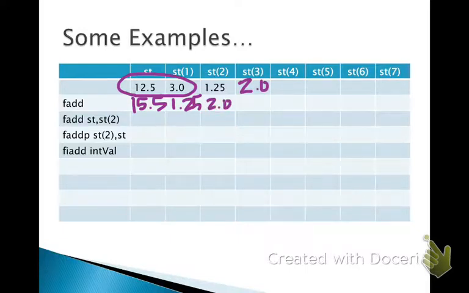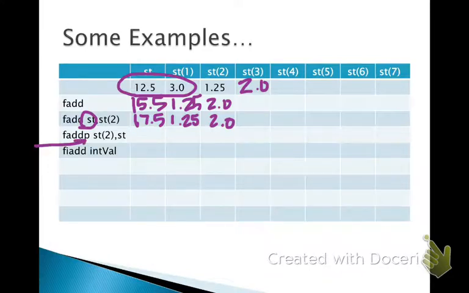In this case, we're not going to pop anything off. We're simply adding stack top and st2, so 15.5 plus 2 is 17.5. Stack top is my destination, so that's where the sum is going to get replaced. Everything else will remain the same. And then in this case, we're going to do the same thing, but reverse the order of our operands, and we're going to pop the top of the stack.